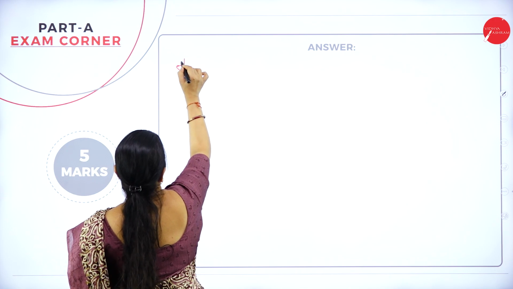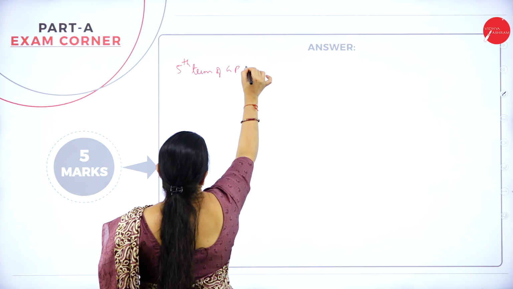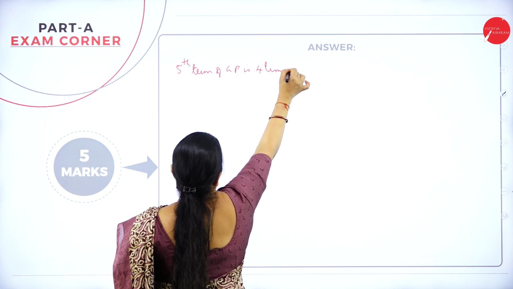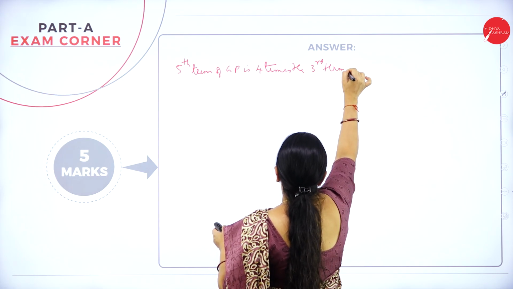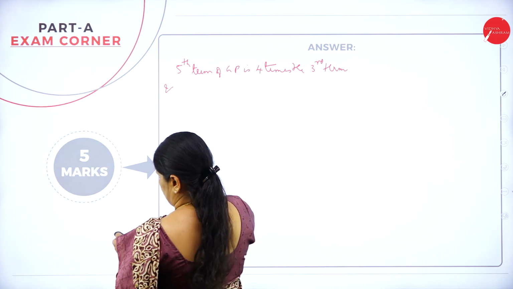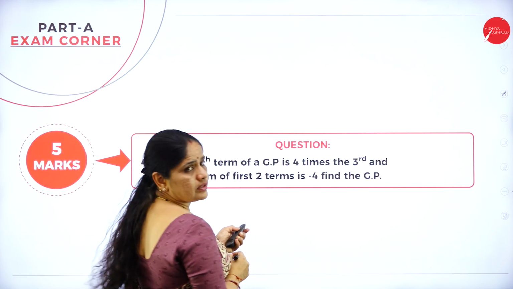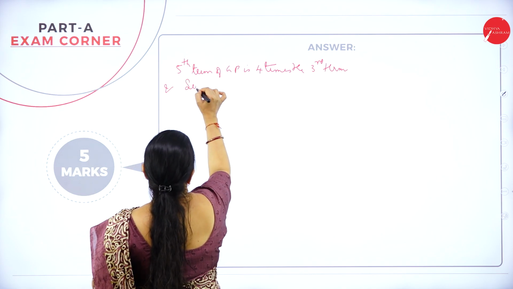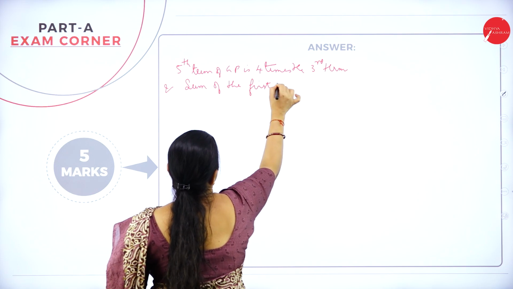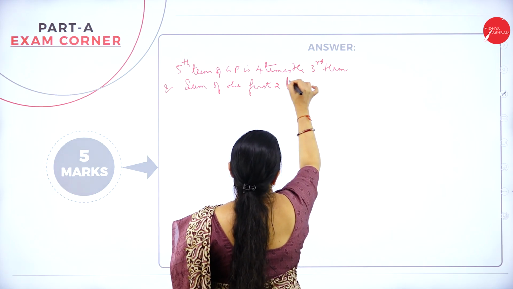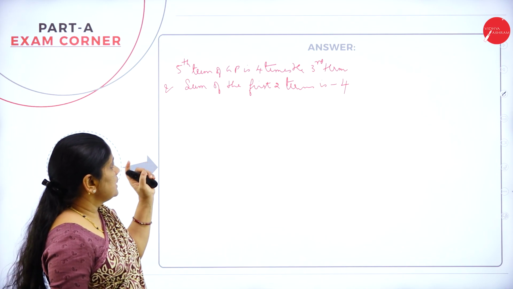The fifth term of the GP is 4 times the third term, and the sum of the first two terms is minus 4. So they have given the data here.